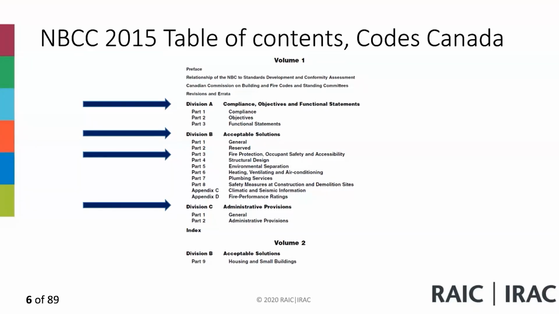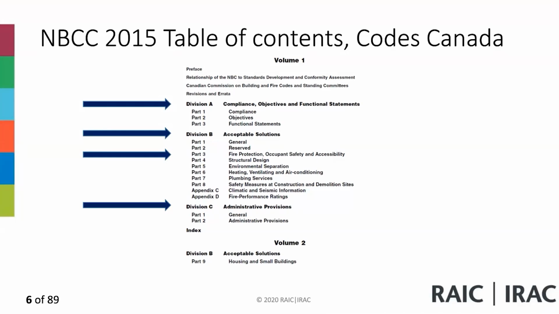So in Volume 1, you've got Division A, Division B, and Division C. There are 3 divisions in the code and 2 volumes. Volume 1 is the code that we're going to be going through for Part 3.